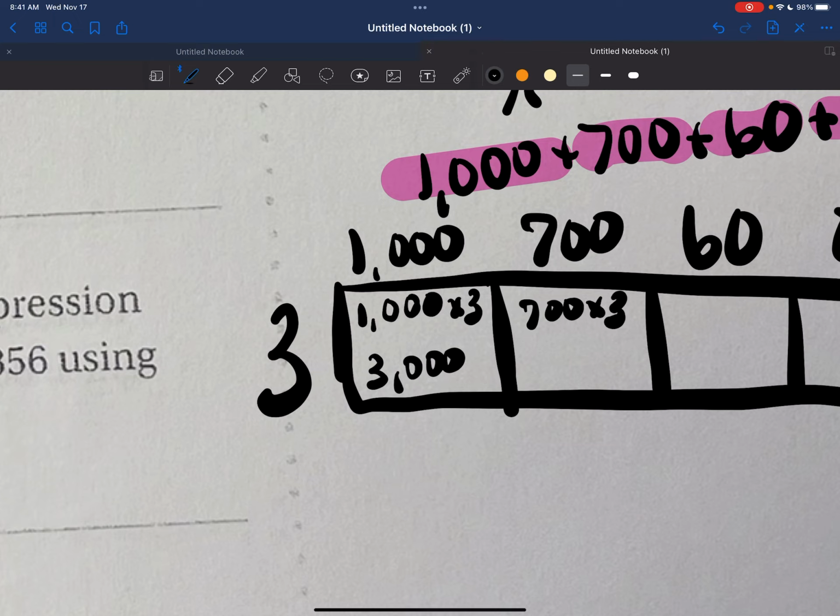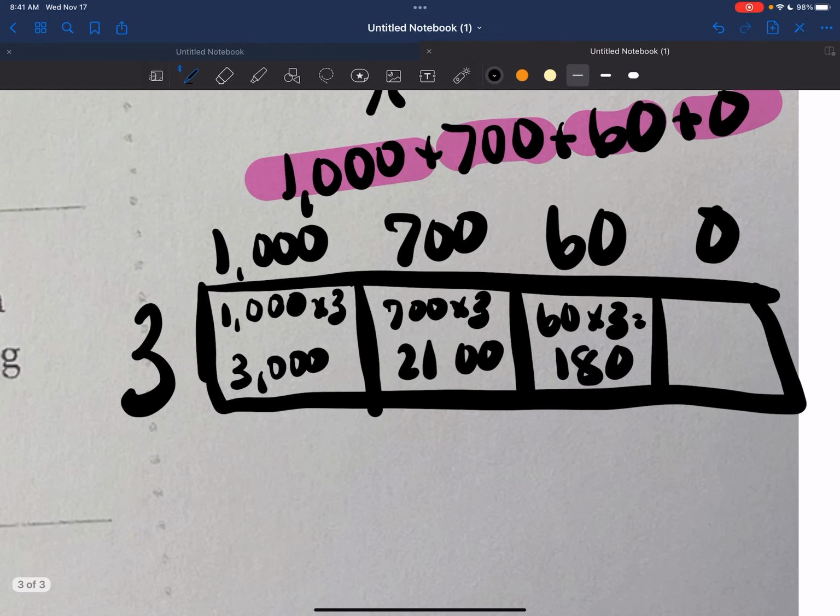Cover your zeros and multiply. 7 times 3 is 21. Add 2 zeros back. 60 times 3. Cover your 0. Do 6 times 3. It's 18. Add your 0 back. And move into your last box. 0 times 3 is 0. Any number times 0 is 0.